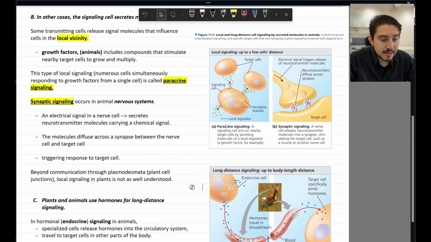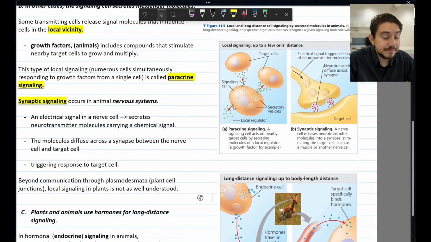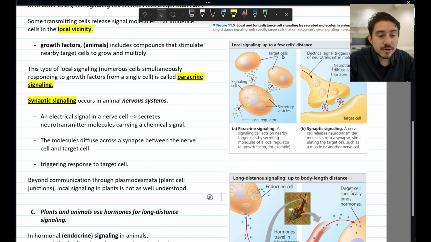If you see here in panel A, target cells, you have secretory vesicles that are releasing that signal. A special type of paracrine signaling, or synaptic signaling, let's be more specific here, occurs in nervous systems where one axon or one nerve cell is relaying a neurotransmitter.